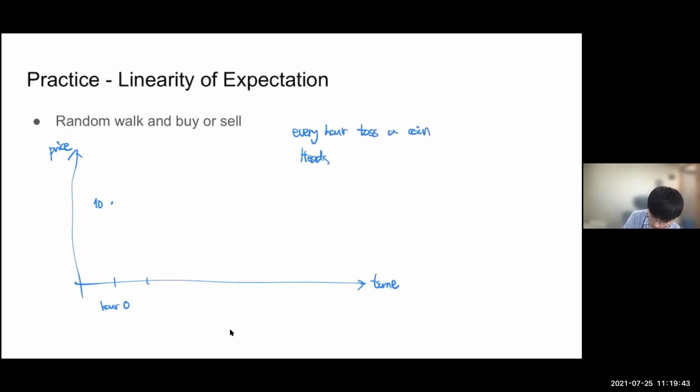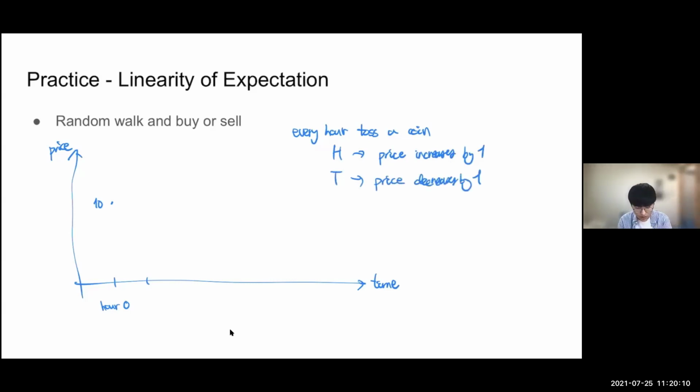If you toss a head, then the price increases by 1. If you throw a tail, then the price decreases by 1. So for instance, if you've thrown a head, then the price will go up to 11, and so on.